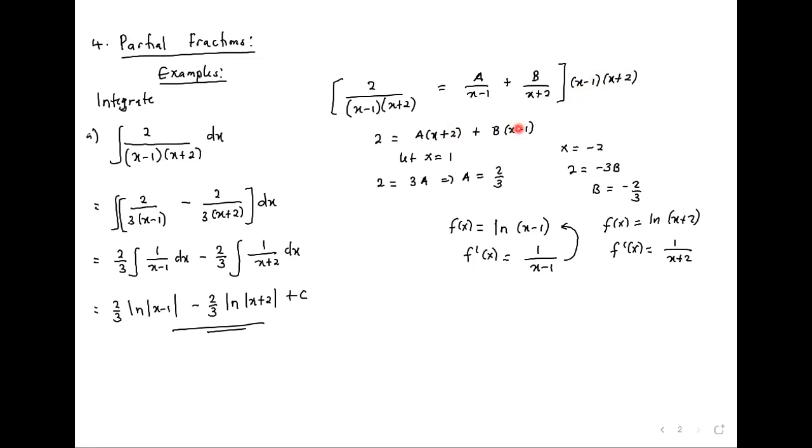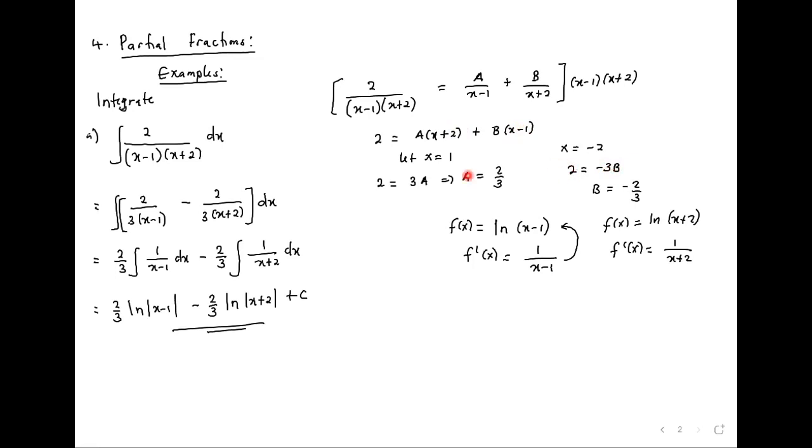Then when x is 1, you have 2 is equal to 1 plus 2, you get 3; 1 minus 1, 0. So you have 2 is equal to 3a. When x is -2, you have -2 plus 2, 0. So all you want is that one variable must disappear so that you can find what remains. So you have -2 minus 1, -3. -3b is equal to 2.